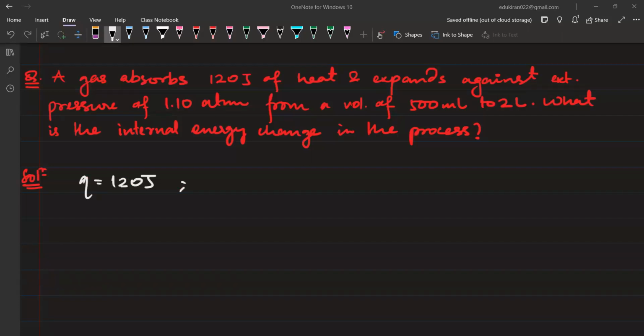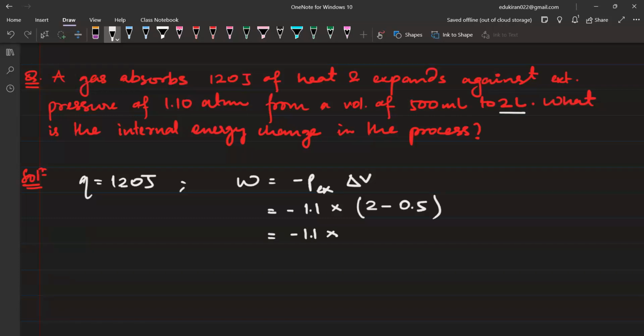And it is saying expands against the pressure of 1.10 atm. अगर हम वर्क की बात करें, work is equal to minus P external into delta V. The P external is 1.1, multiplied by change in volume. Volume क्या होगा, final minus initial, तो final volume is 2 liters minus 500 ml. So I will convert this to liter, it will be 0.5 liters. So I can write this as minus 1.1 multiplied by 2 minus 0.5, which is 1.5.